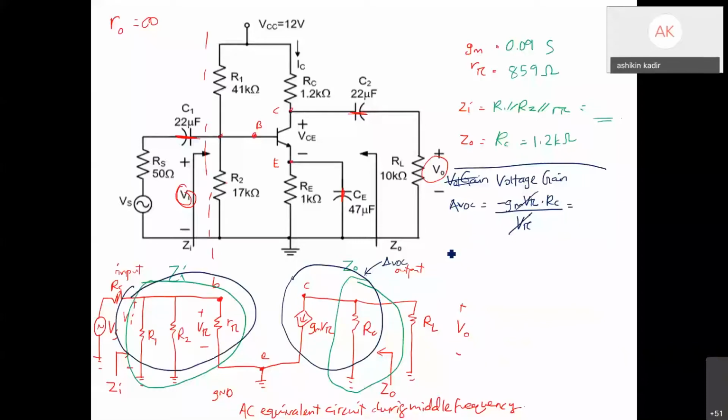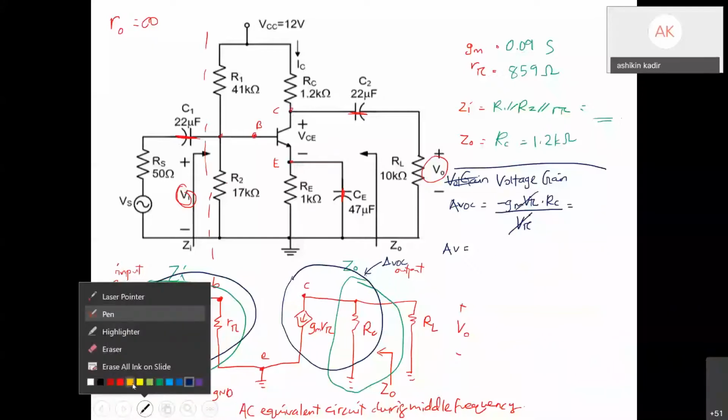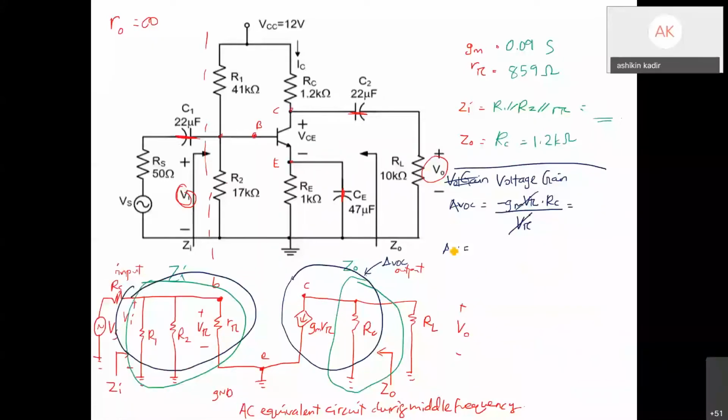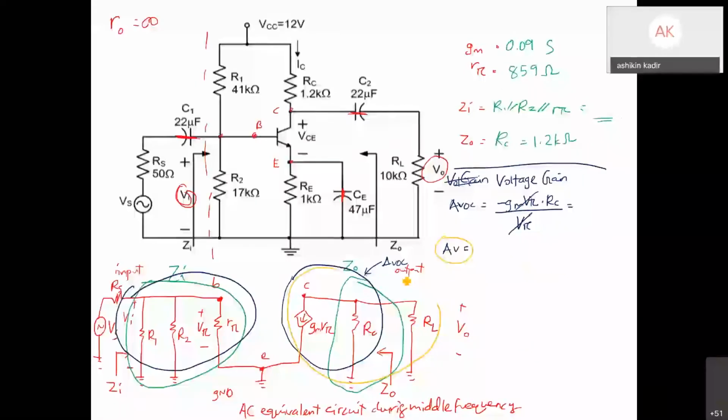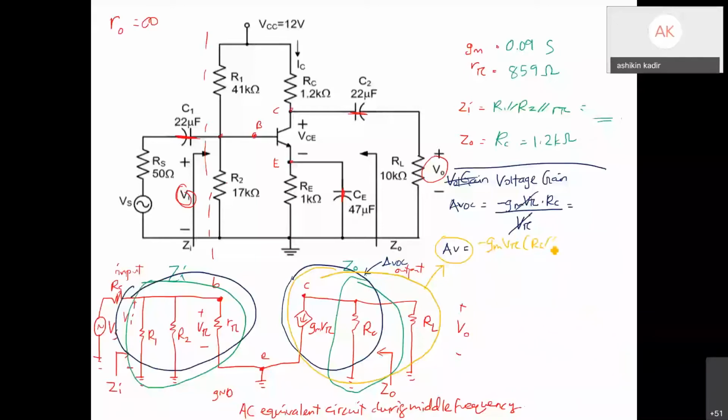And then for AV, during AV you need to consider RC and RL, so I use a different color. AV is this one. So AV equals to negative GM V pi RC parallel with RL divide with V pi.